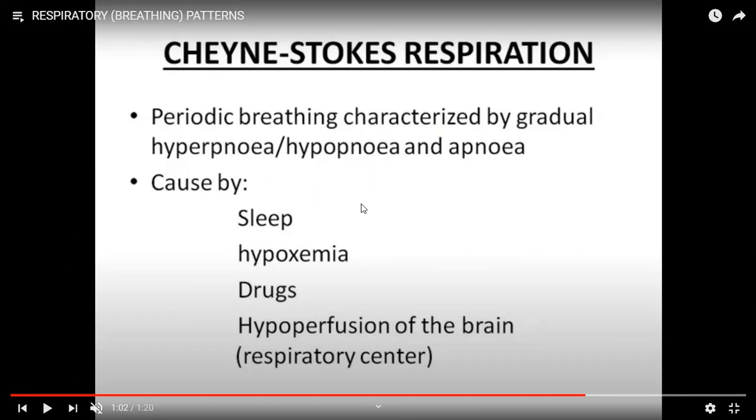So that's how we can remember: hypoxemia, reduced blood flow, all about decreased oxygen supply. And then sleep: those who have sleep apnea, for example, are not breathing well, and that can lead to Cheyne-Stokes breathing. So rapid breathing, then they stop breathing, or it can be slow, and they stop breathing, and then it's slow, and so on.